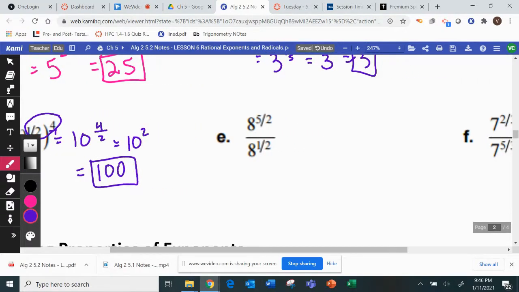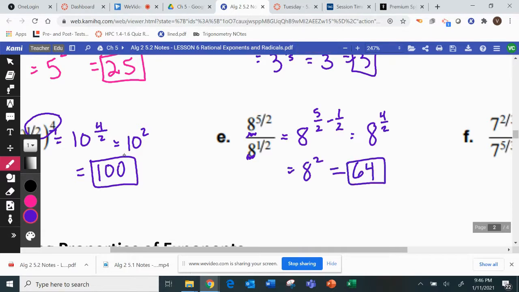Here I've got a quotient of powers. So when we are dividing like bases, we write that same base and we subtract the exponents. So we get 8 to the 4/2, which is 8 to the second, which is 64.